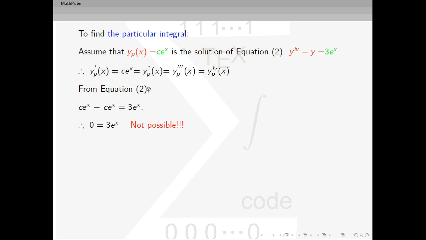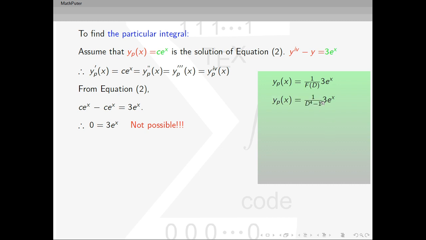Now let us see what is happening with a very easy method. This is also known as the shortcut method. We have 1 upon f of D, 3 e raised to x. f of D is what? D raised to 4 minus 1. 3 into e raised to x. e raised to x, right? This can be represented by 1 into x.